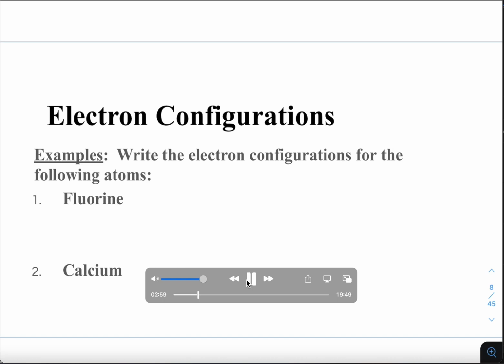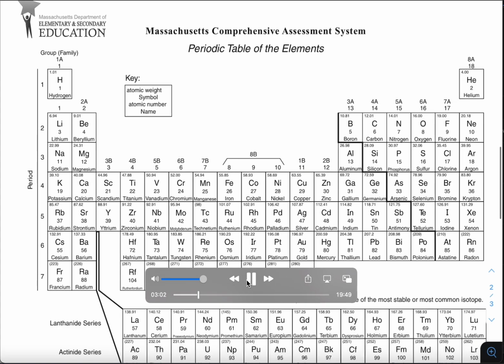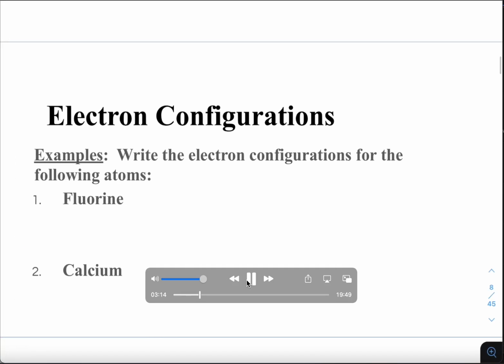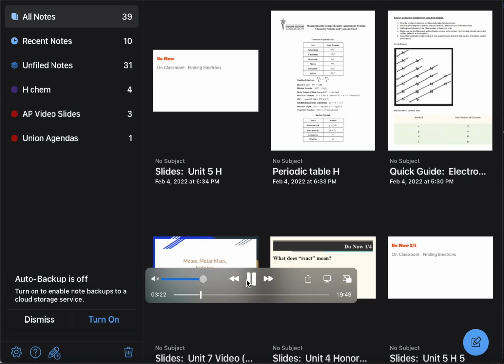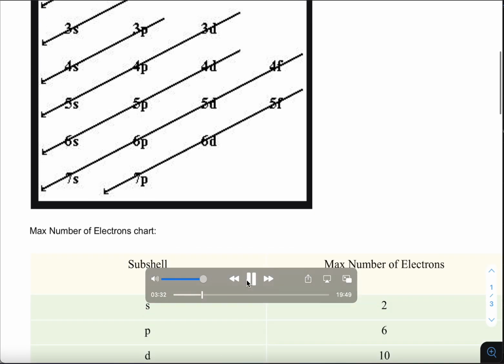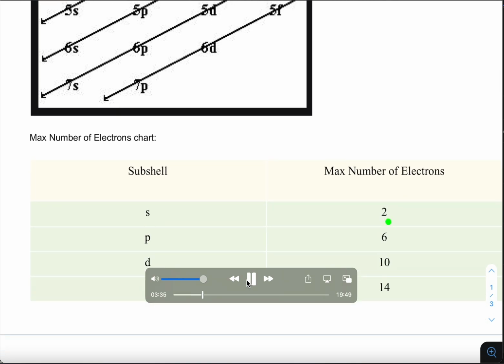So for fluorine, we look it up on our periodic table, and the whole number in the box tells you how many electrons you have. So fluorine has 9. I'm just going to write myself a little reminder. Then you're going to use the arrow diagram and the little chart that tells you how many fit on it. So the first thing we hit here as we go down the arrow is 1s. S gets 2 electrons.